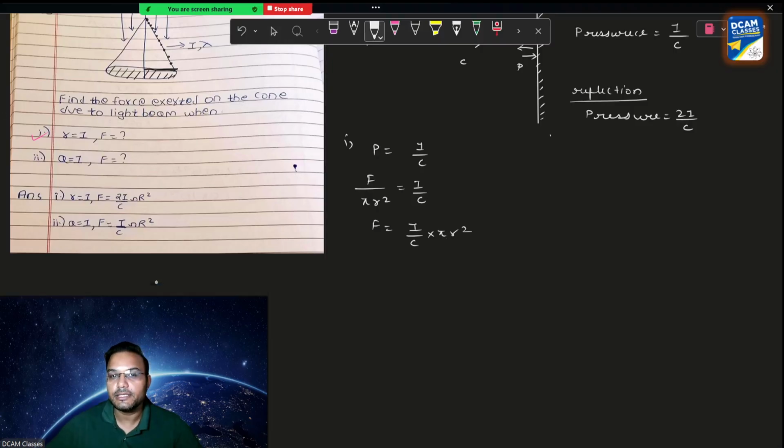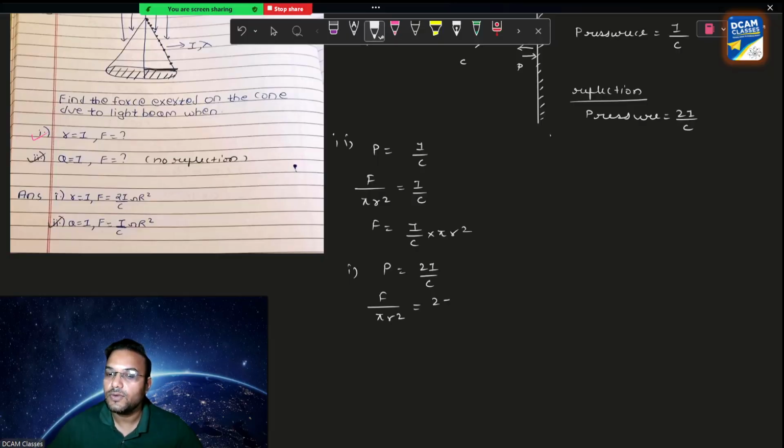This is the result for the no reflection case, and the first is the reflection case. In the case of reflection, pressure is equal to 2I by C, and the effective area is pi r square again.